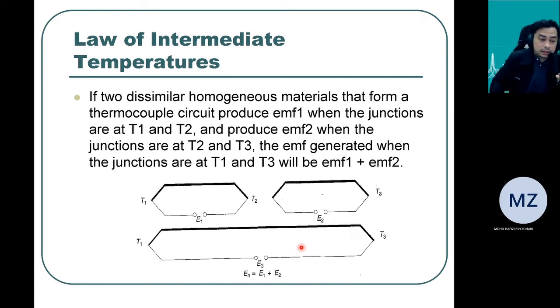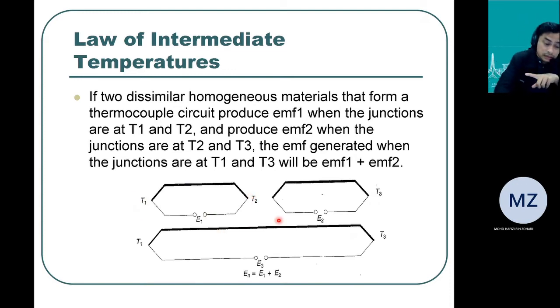The next one is the law of intermediate temperature. If you have two circuits, basically you have two temperatures. For example, T1 measures a temperature with T2 as a reference, let's say 0 degrees, and this one is the measuring temperature.